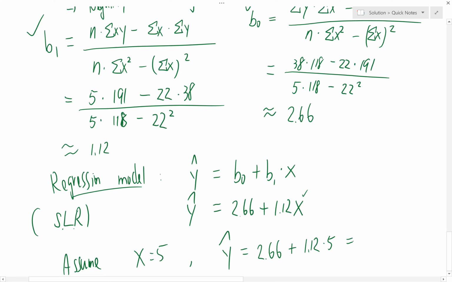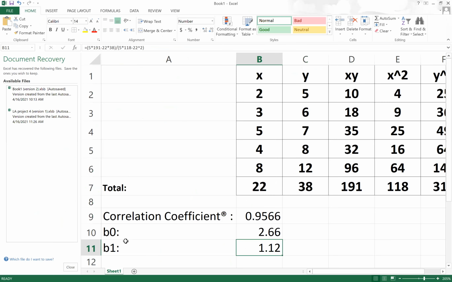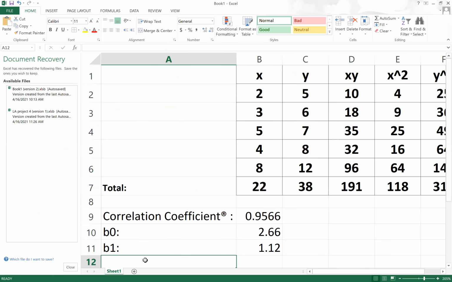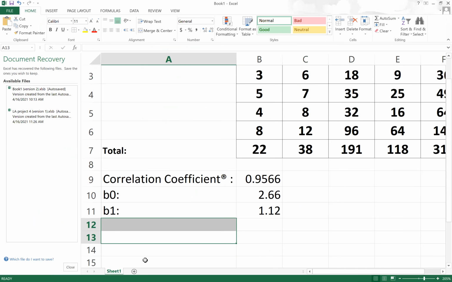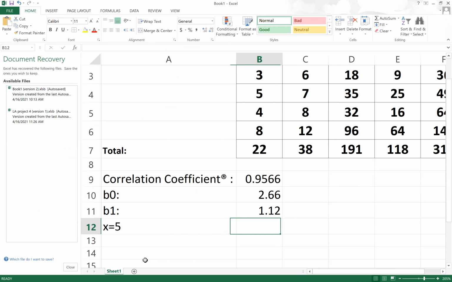Again, let's use Excel to do the work. So what if x equals 5? Then we do 2.66 plus 1.12 multiplied by 5. This is what we call the predicted y value, and it's 8.26.